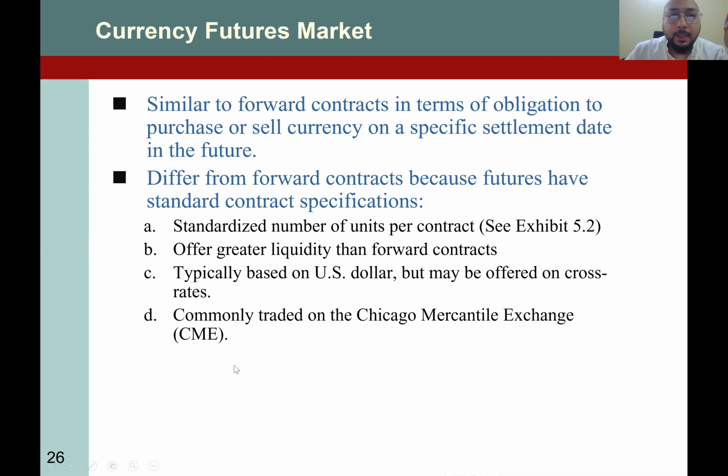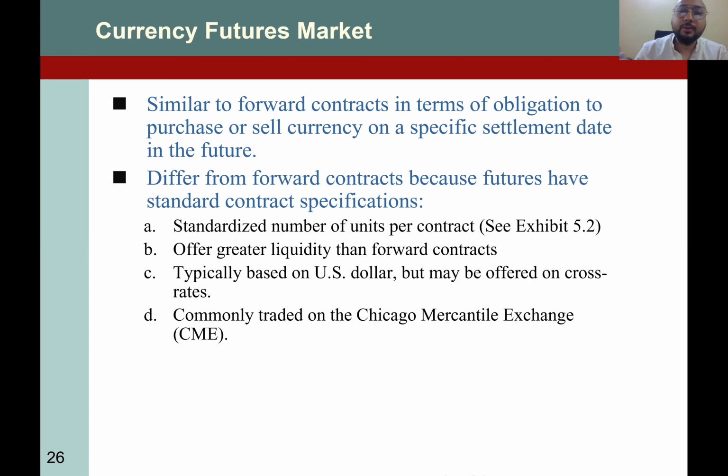Good, guys. Now currency futures. The numerical calculation of the currency future is the same as the forward, but the difference between forward and future is that futures are more standardized, right? On every kind of basis.